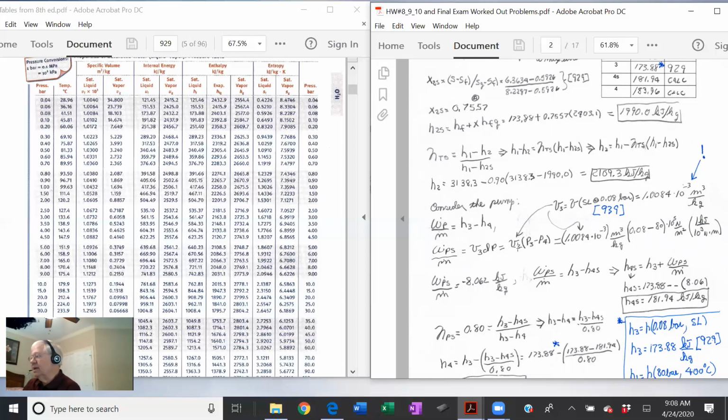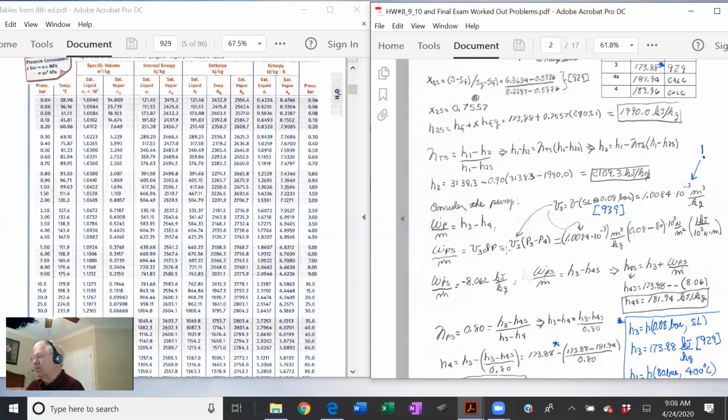Now, there's also another equation we haven't used much that we're going to use now. Since this is an incompressible fluid, essentially liquid water, we can use the equation that the work of the pump isentropic per pound is equal to V dP. I could go through the derivation of that, but on this board it would take us half a day for me to get the writing.